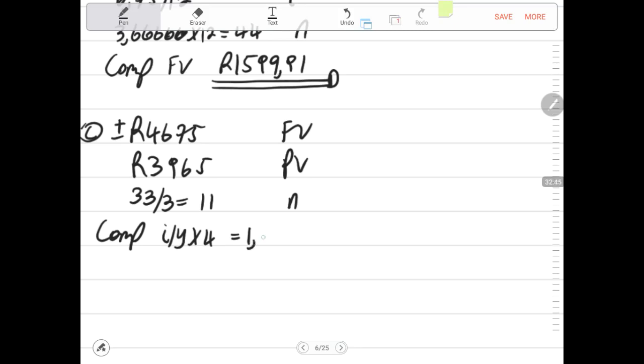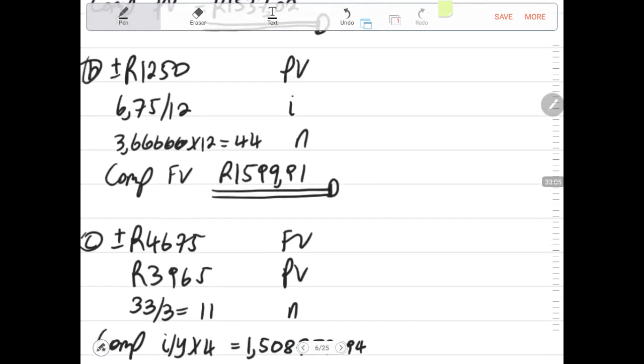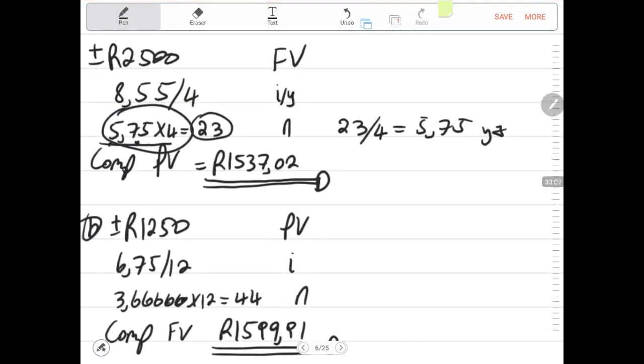It is 1.508753094. This is the interest after we have divided by 4, meaning the interest after we said 8 divided by 4. Whatever interest we get here is the interest that we see there at the bottom.